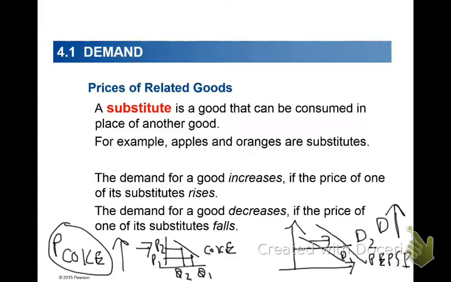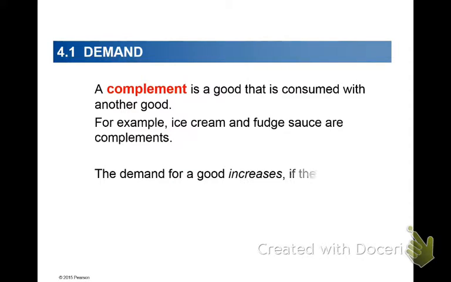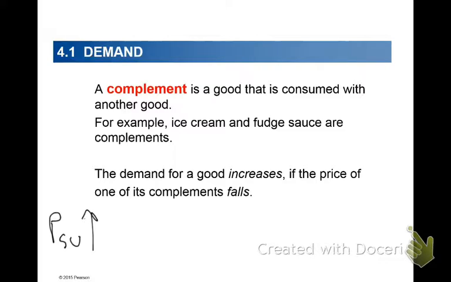Okay, that's number one. On the other hand, you can have goods which are complementary goods. An example of a complementary good could be sugar and coffee, because you buy them together. They are not substitutes; they are complementary. So now let's imagine that the price of sugar increases.